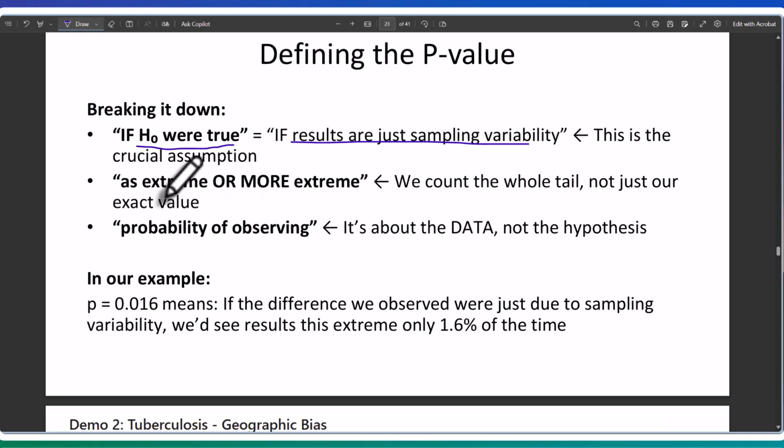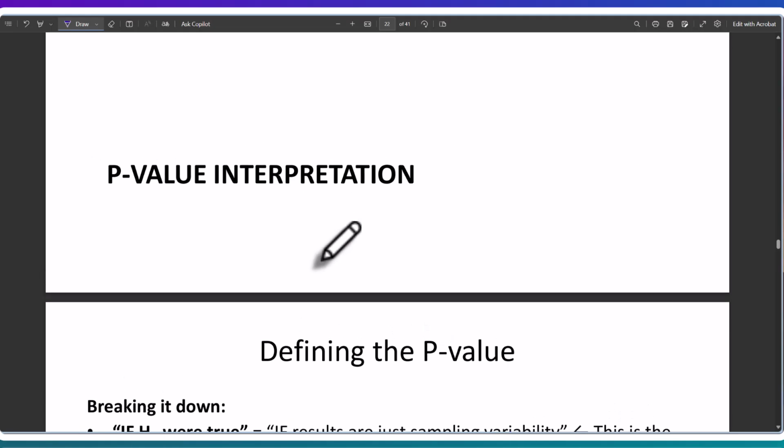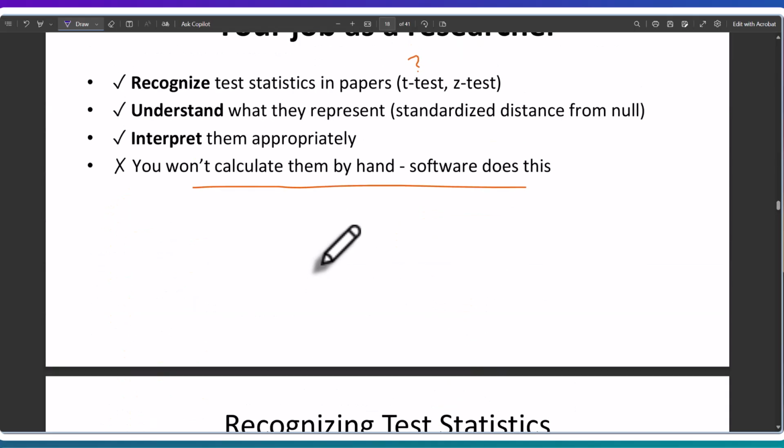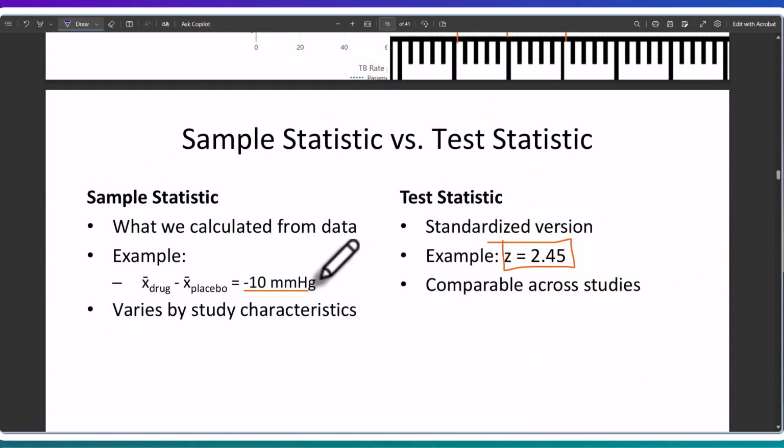That's our presumption that things are just the result of sampling variability. How often would we encounter a result that is that extreme or more? The p-value is just the probability of observing that extreme of a result. Okay, that makes no sense unless we go back here.